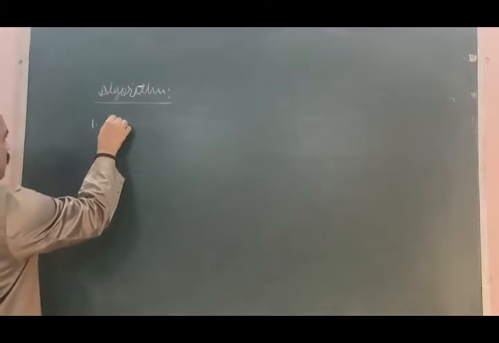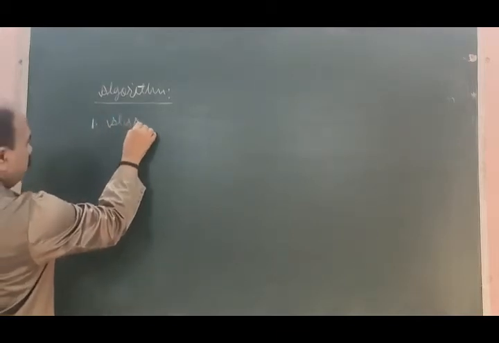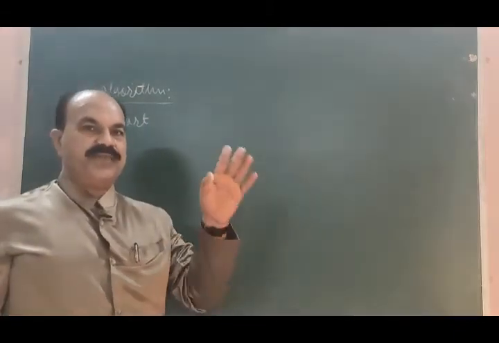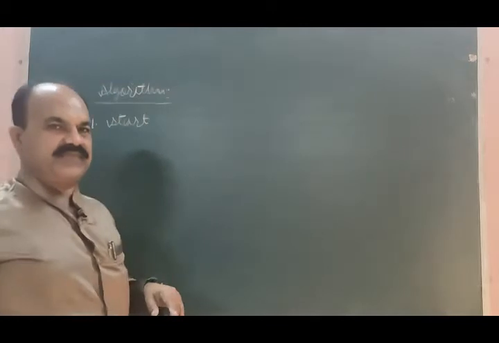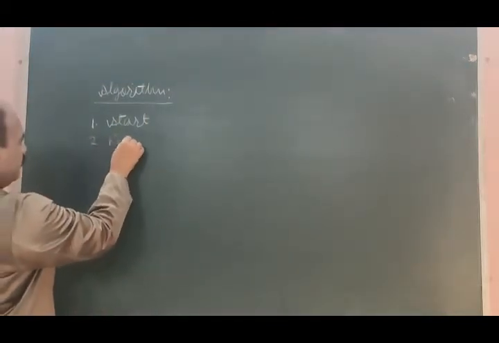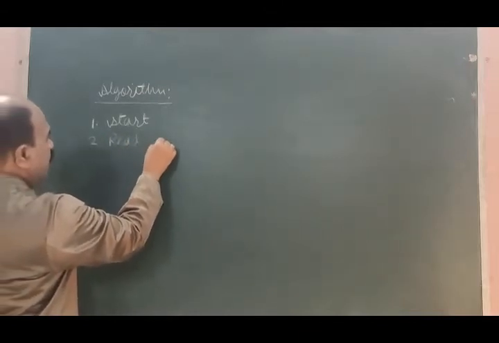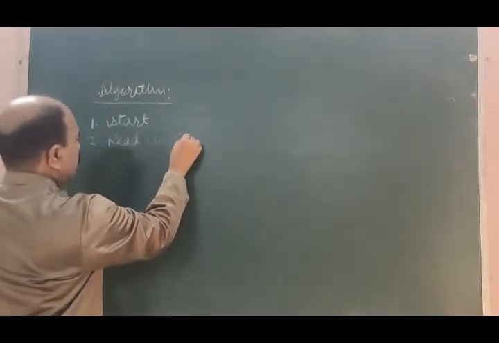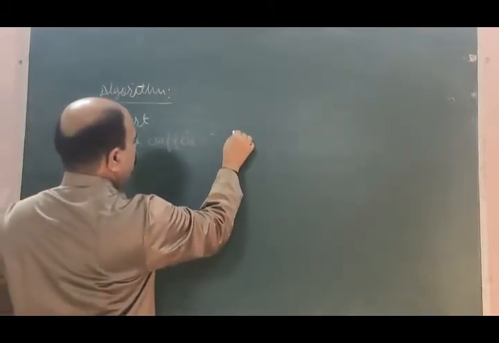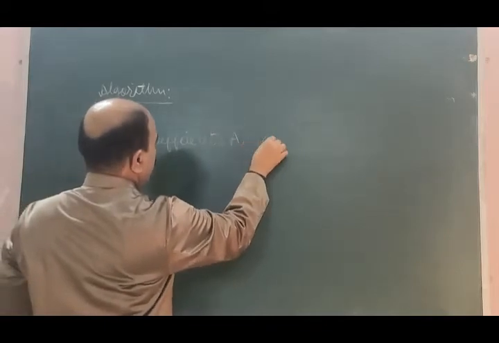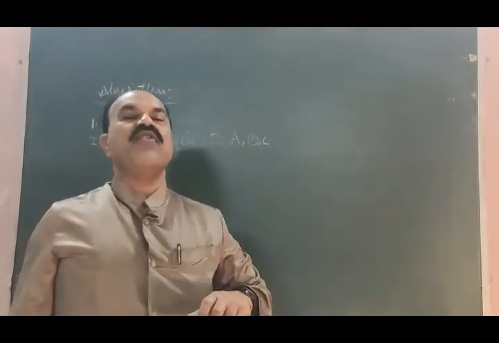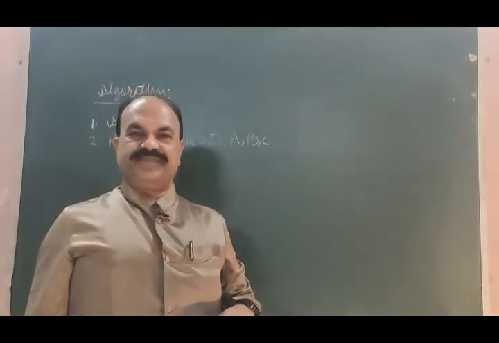So let me start the algorithm. First step, start. Start the action. Start the process. Start the work. Second step, read coefficients A, B and C of the quadratic equation.